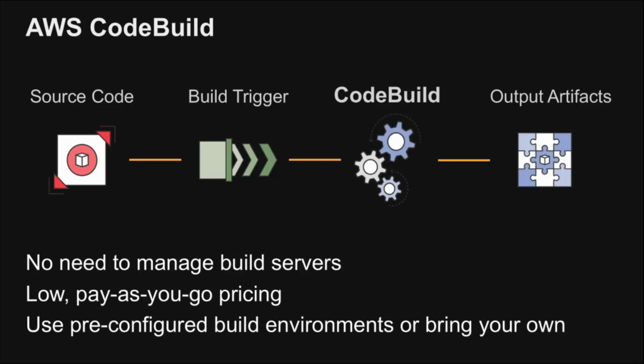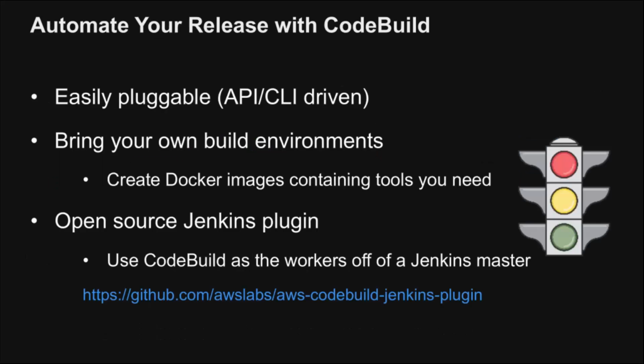So this is really just a summary of what I've been talking about. So easily pluggable. In terms of both Jenkins and CodeBuild, they are pluggable. CodeBuild, as mentioned, can be run in terms of a pipeline. You can use it independently. You can run it from the command line. You can run it from the CLI. Like all Amazon services, it's API driven.